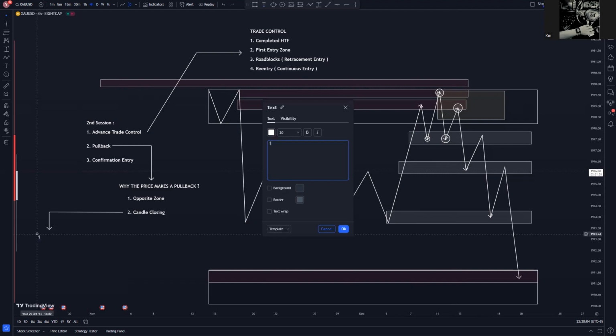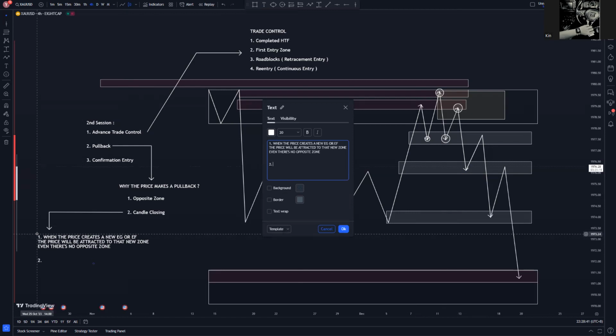The first one: when the price creates a new EG or EF, the price will be attracted to that new zone, even if there is no opposite zone. So that is the first one.